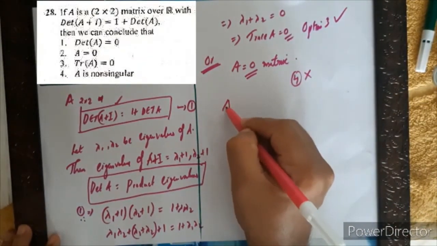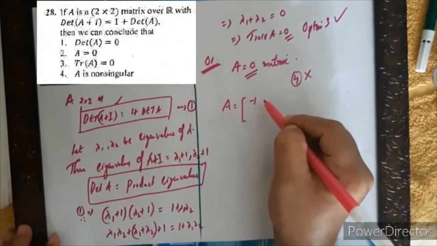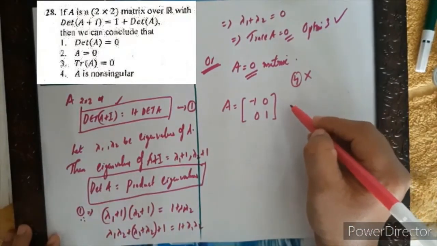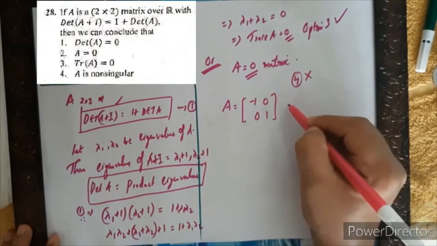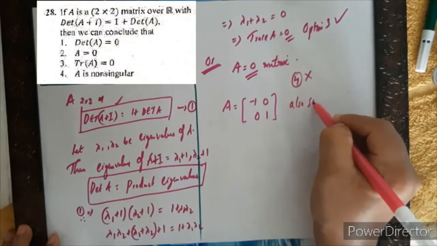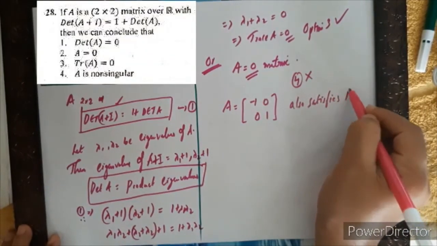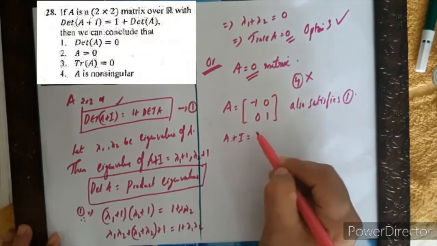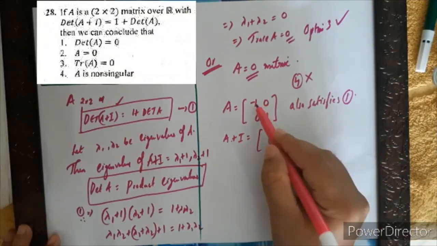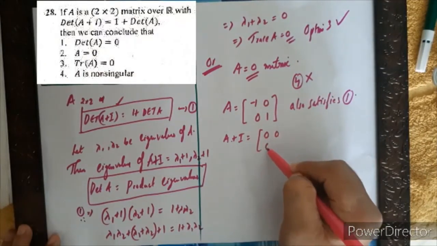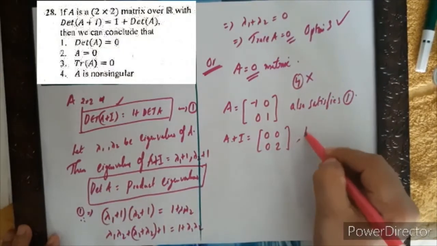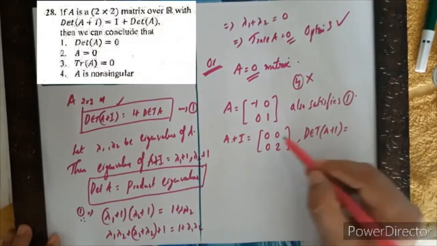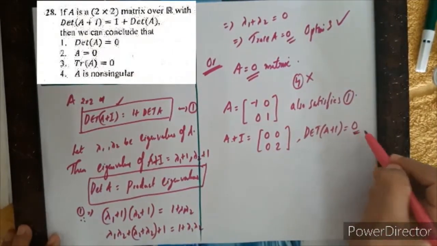Also if we choose A equal to minus 1, 0, 0, 1, this will also satisfy the condition, because here A plus I is equal to minus 1, 0, 0, 0, 2?. So the determinant of A plus I is 0, as the determinant of this matrix is 0.